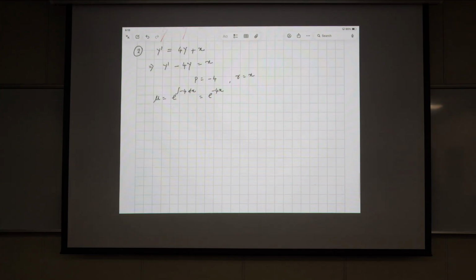Then your solution: e^(-4x) times y is equal to the integral of x times e^(-4x) dx plus c.